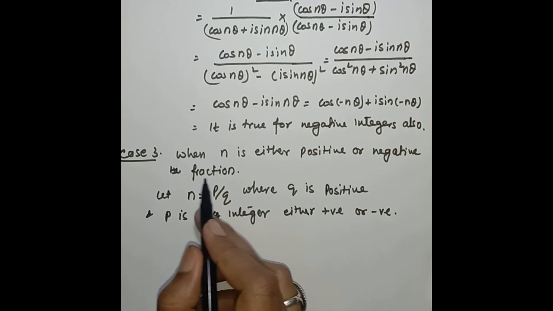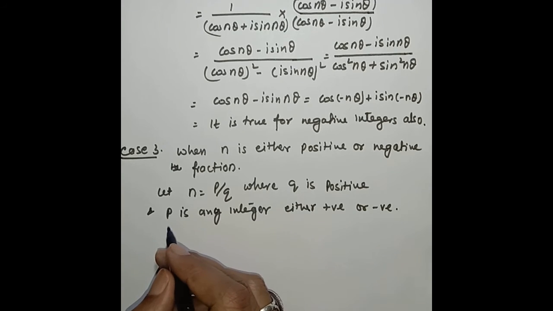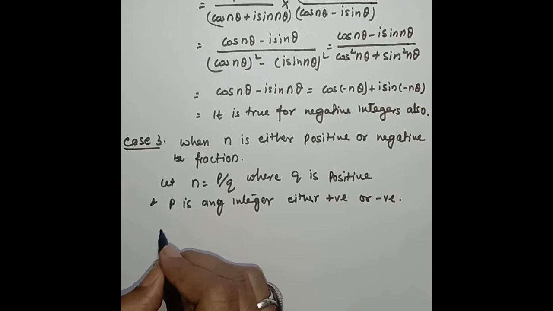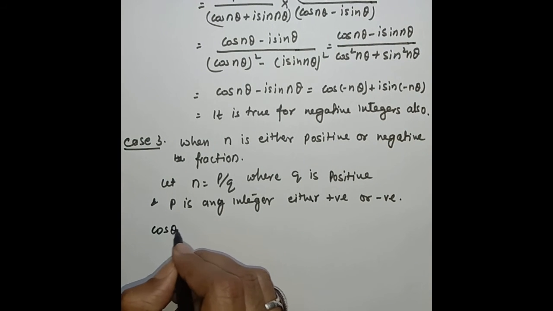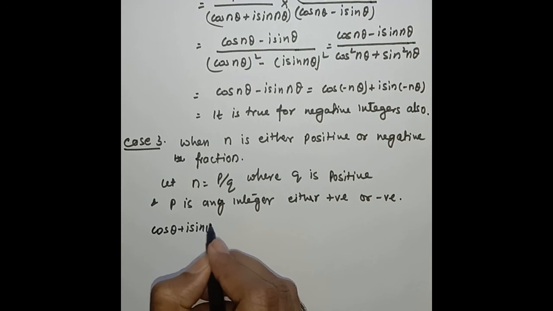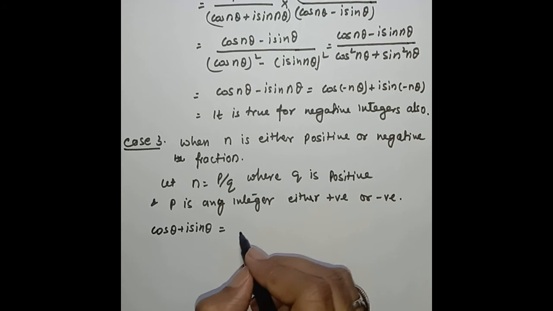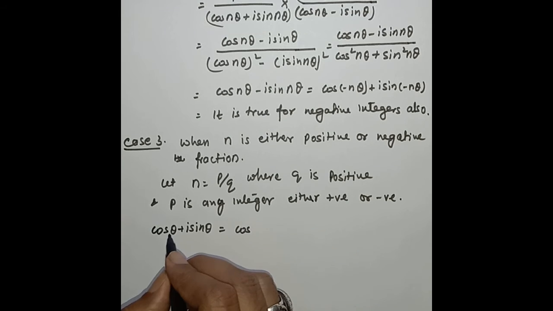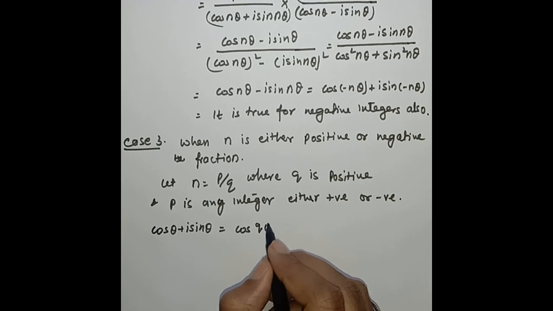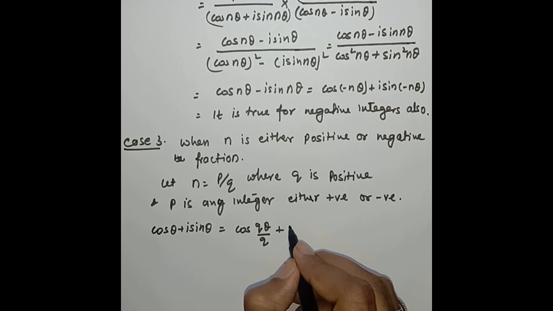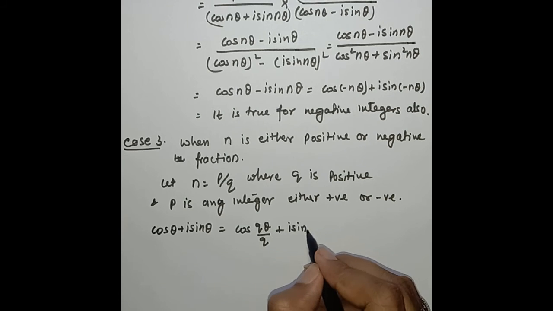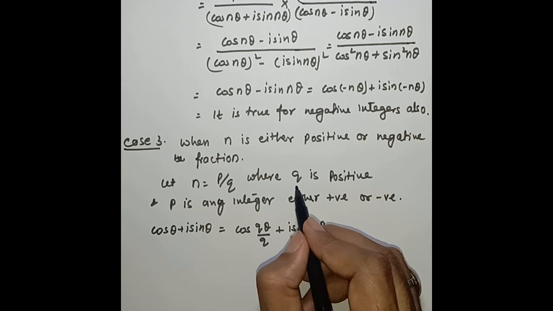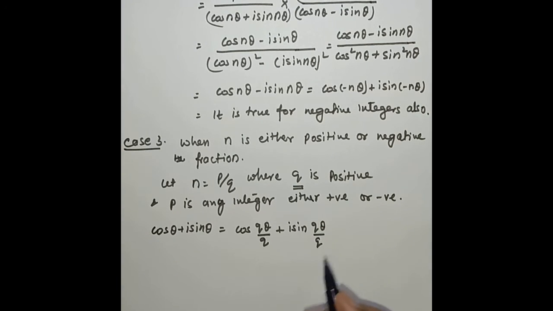To prove this case, we will prove a relation. We know cos θ plus i sin θ, if we multiply and divide by the same quantity in the angle, that means cos(qθ/q) plus i sin(qθ/q), and q is a positive quantity.